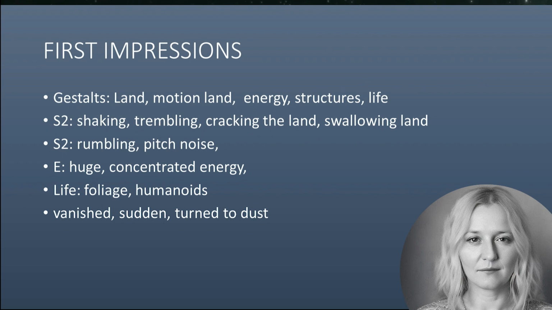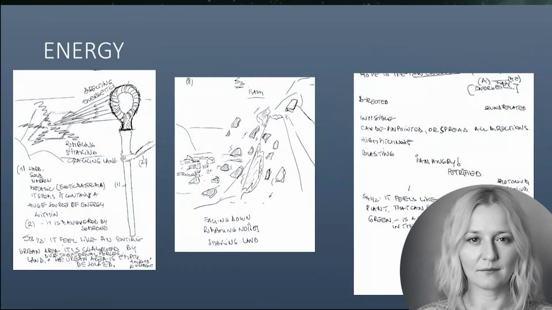I've seen swallowing land, rumbling, pitch noise, huge concentrated energy, life as foliage, humanoids, and it vanished, suddenly turned to dust. The energetics was coming from this man-made in the left sketch, which has ringy parts on the top and a stick leg on the down part, and it felt it was a maneuver.